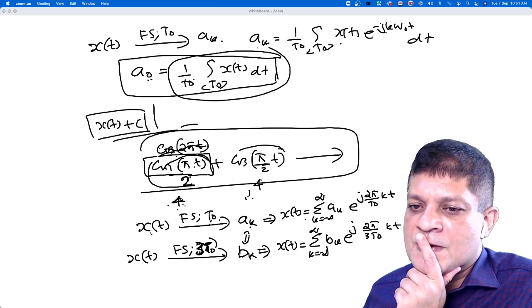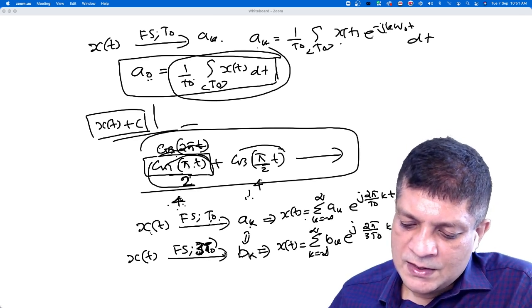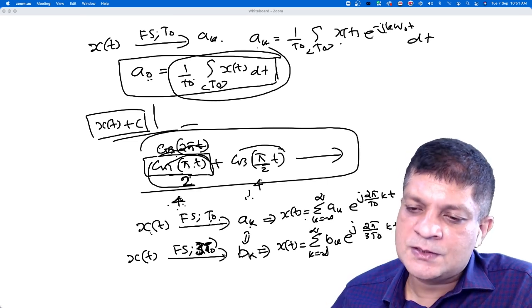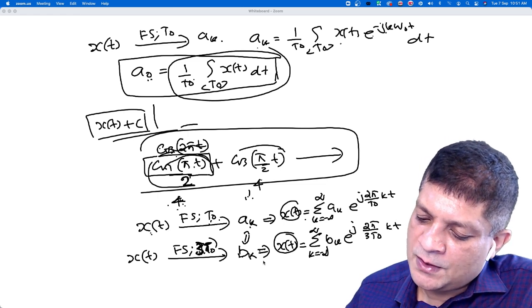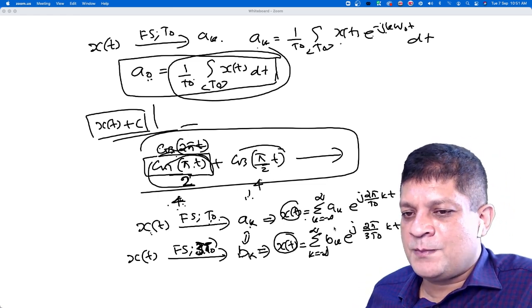Yes, if we consider Fourier series with respect to period 3 T naught. Now this is x(t), this is x(t). Can you tell me what is the relation between a_k and b_k?